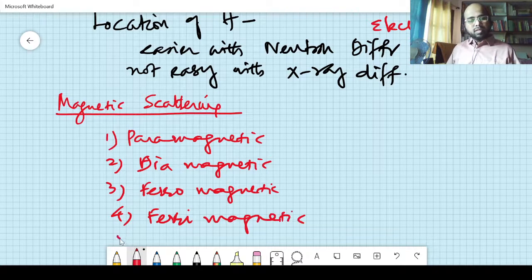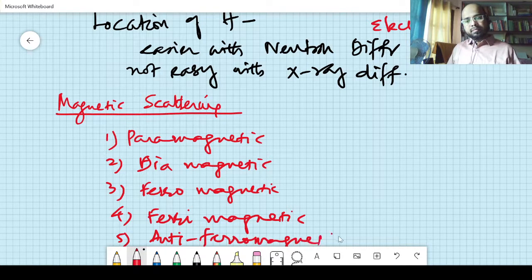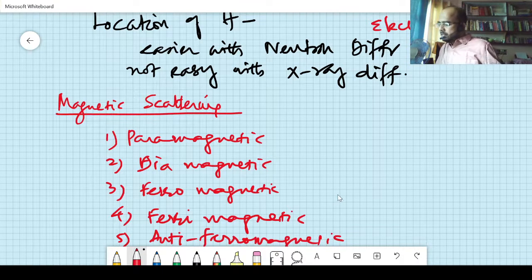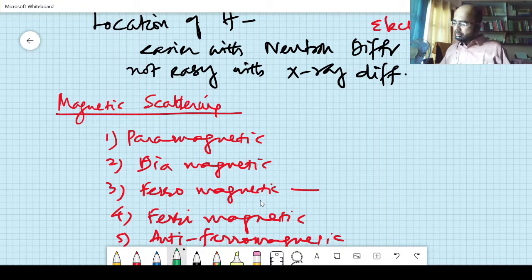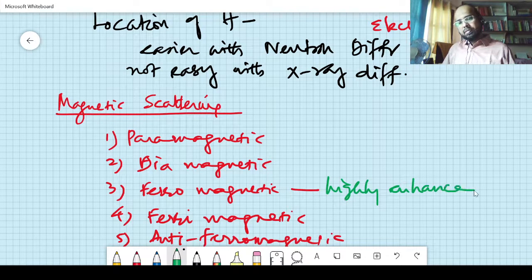Apart from this, you have a fifth type also, antiferromagnetic. Now, what is being said here is that in a ferromagnetic substance, the magnetic property is strongly, highly enhanced.